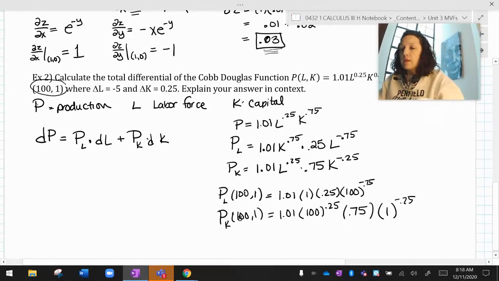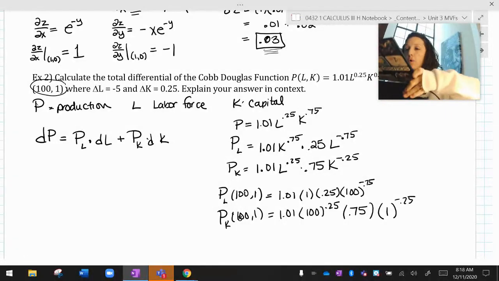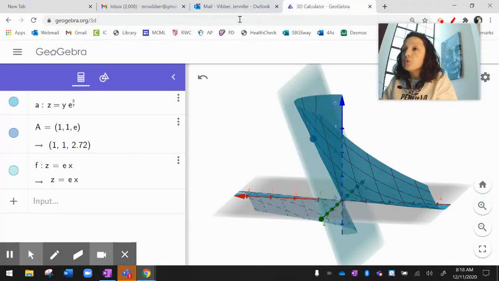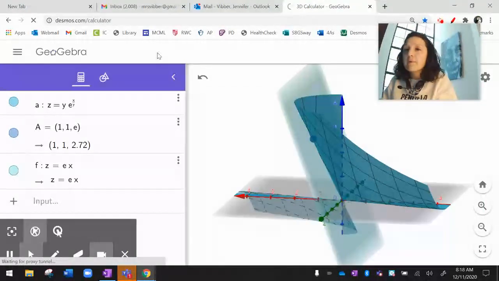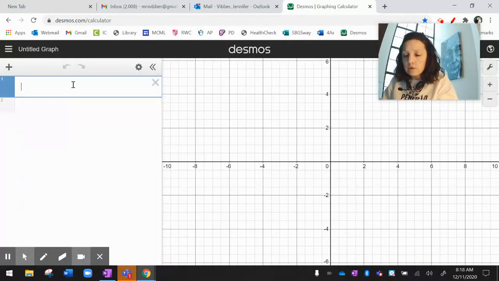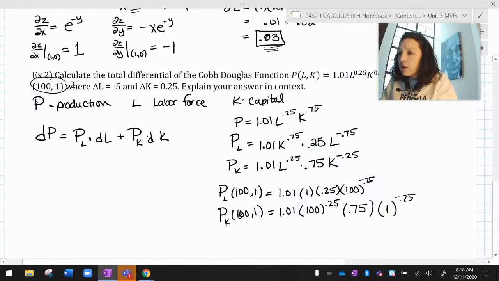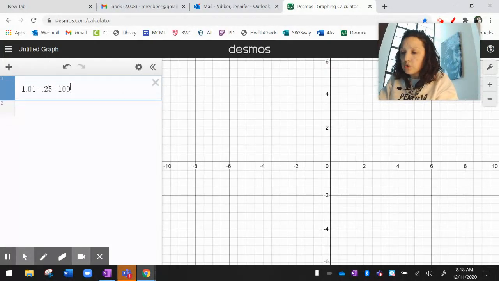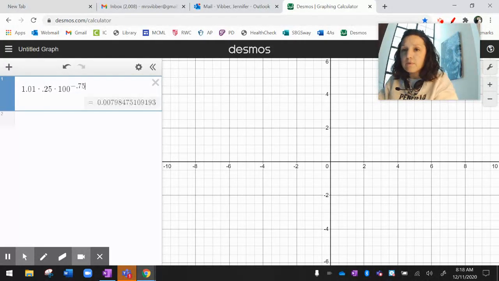All right, let's see. I really want to know what those are as decimals. So I am going to go to Desmos, because Desmos is a calculator I can use. And here it comes. I've got 1.01 times a quarter times 100 to the negative 0.75.